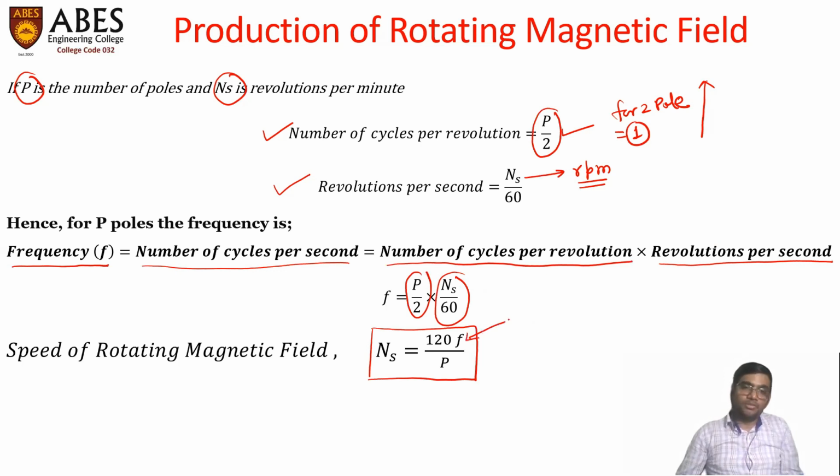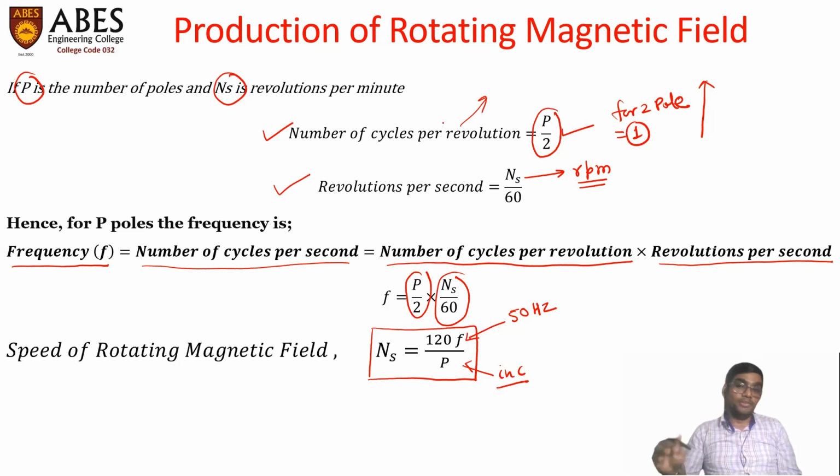It means for constant frequency, let us say 50 Hertz, if the number of poles is increased, the speed will reduce. The same conclusion can be determined from this concept. Like I have told, if we increase the number of poles, then one complete revolution will take place after the application of more input cycles.